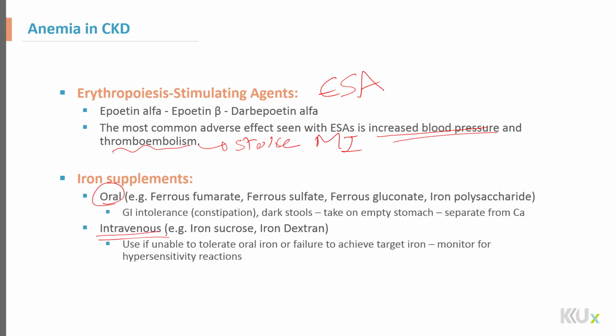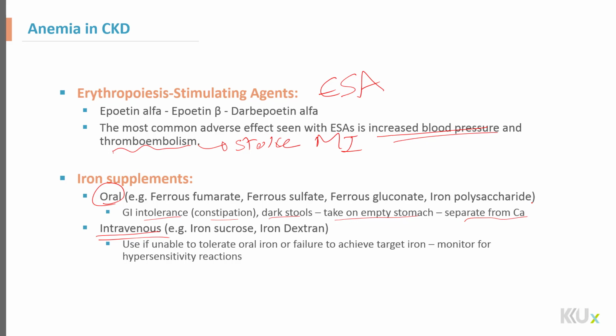Oral, like ferrous fumarate, ferrous sulfate, ferrous gluconate, or iron polysaccharide. The most common side effects are GIT intolerance, especially constipation, and dark stools. It should be taken on an empty stomach to avoid drug interactions and to increase absorption, and separate from calcium due to the interaction.